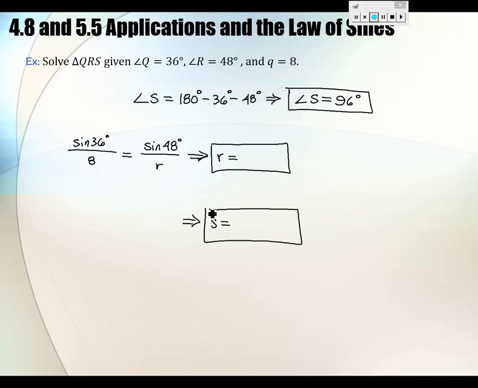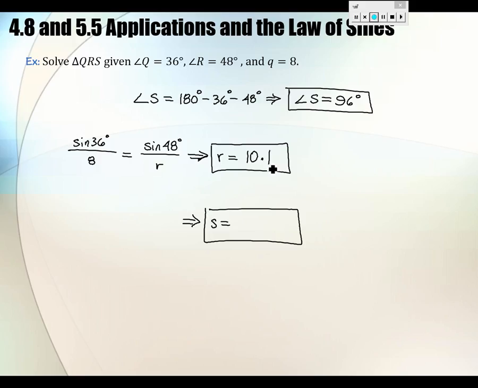So r will be, what, 8 sine 48 over sine 36. You do a little switcheroo there. R will be 8 sine 48 over sine 36. Did you get 10.1? Yeah. If Katie says yes, then we're good. 10.1 with no units, I guess.